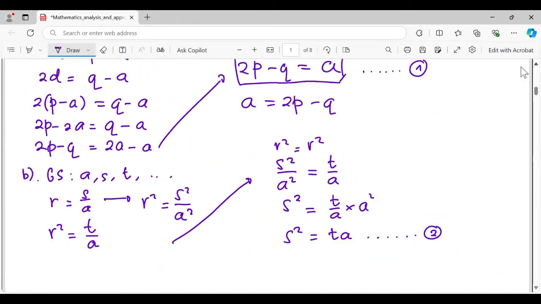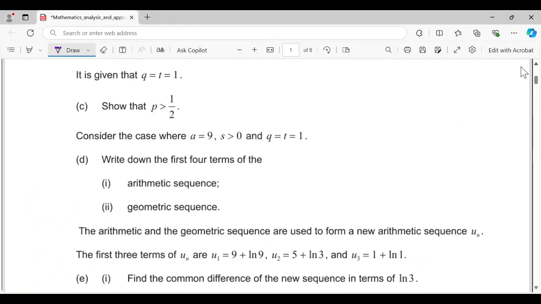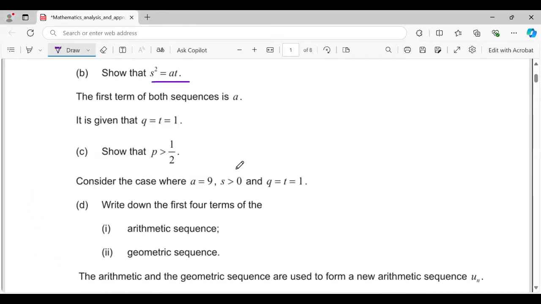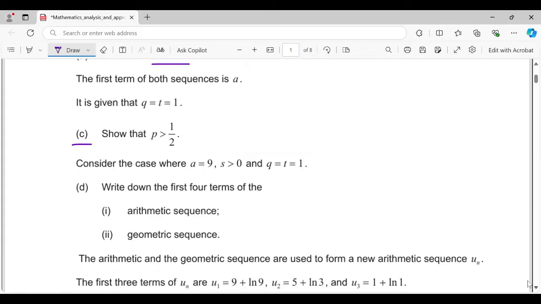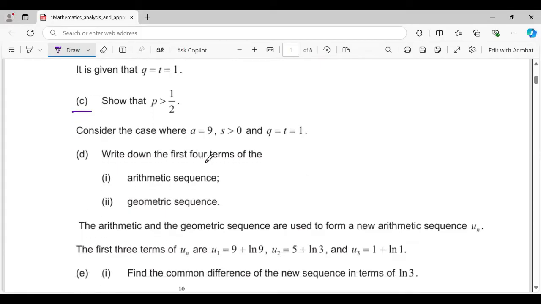Based on this equation C. Next, consider the case where a equals 9, s greater than 0, and q equals t equals 1. Write down the first four terms of the arithmetic sequence and of the geometric sequence.